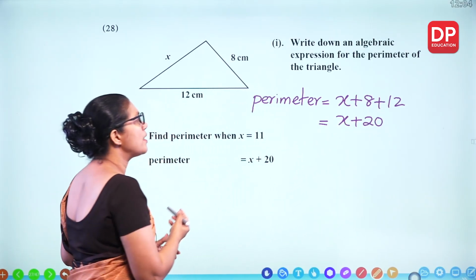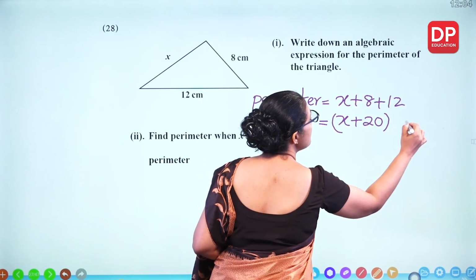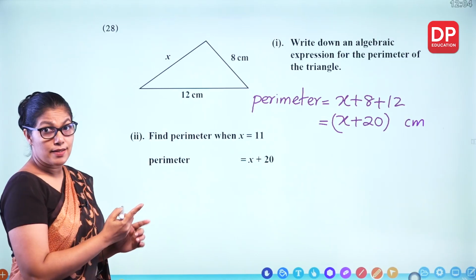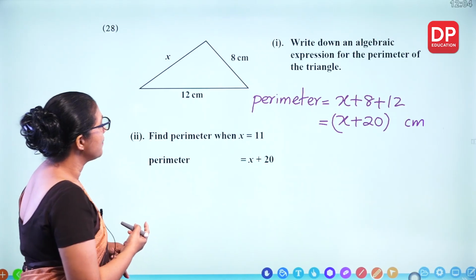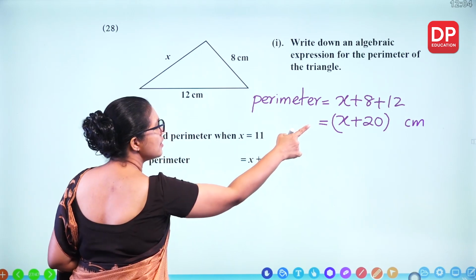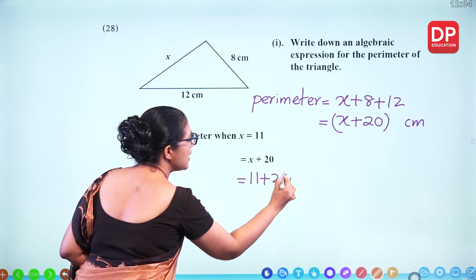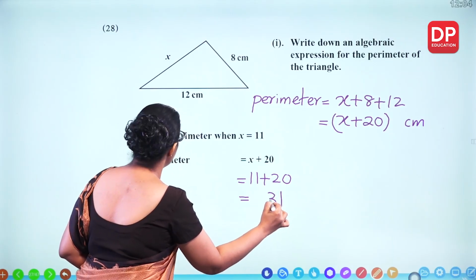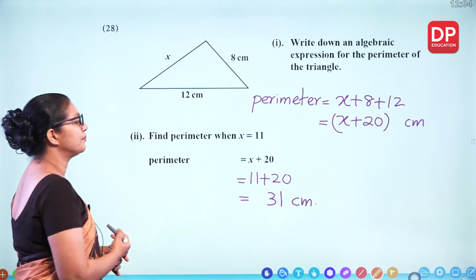So X plus 20 is the perimeter. This is in centimeters. Next part, find the perimeter when X equals 11. Substitute 11 for X. 11 plus 20, you get 31 centimeters.